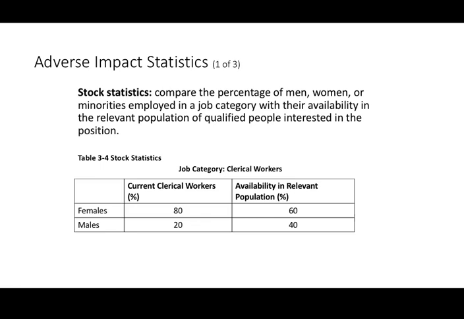So you may have a problem with adverse impact based on the representativeness of clerical workers in your organization, and not against women. It actually may be against men. And you may argue, well, men aren't really clamoring for clerical jobs, and that might very well be true. But what if there are men that are applying and are not getting hired?